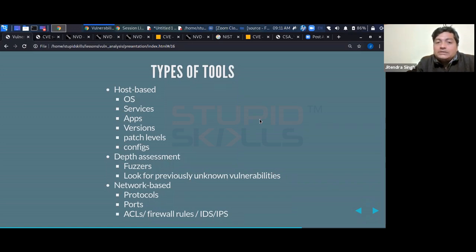Now, I have listed these types separately, but all this kind of info can be collected with the help of a single tool itself, or there might be a framework or a suite of tools that can help you in finding out this information.